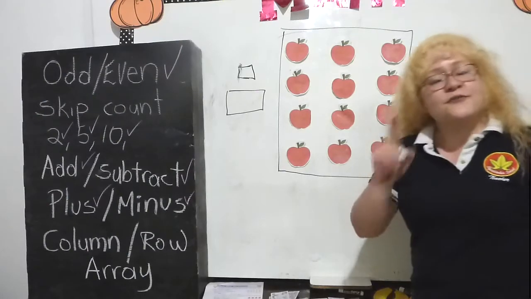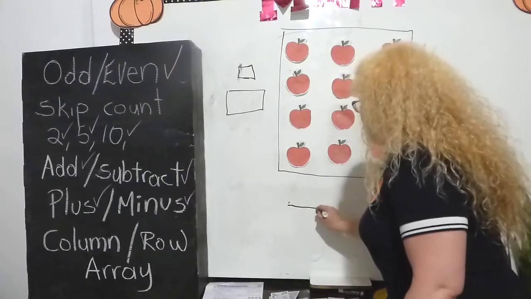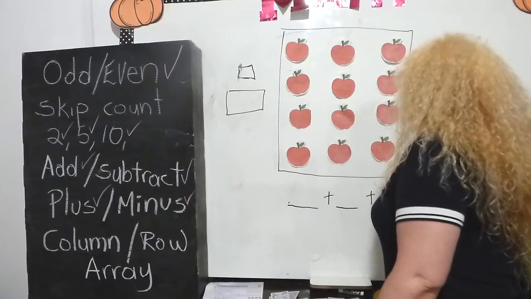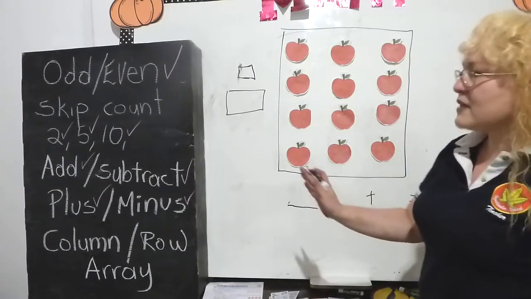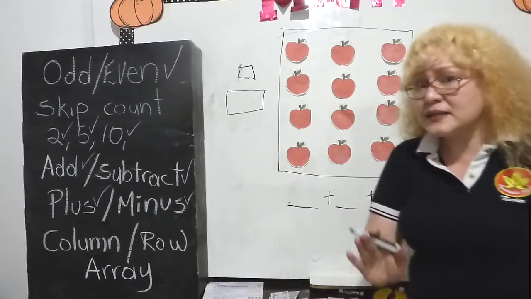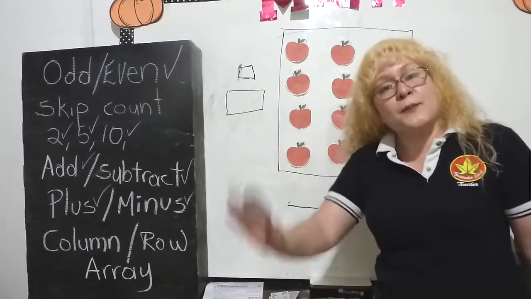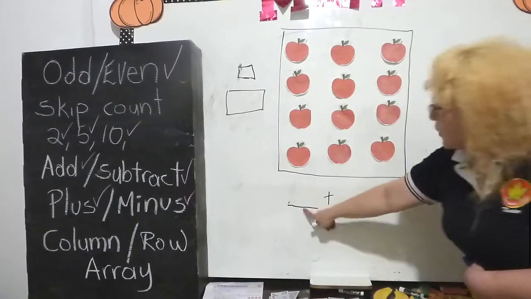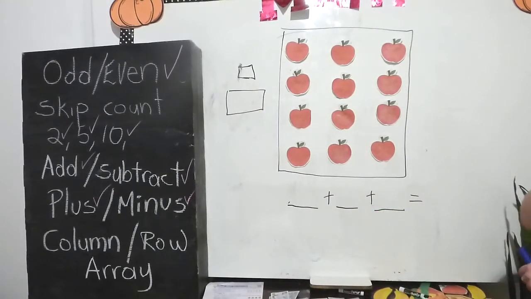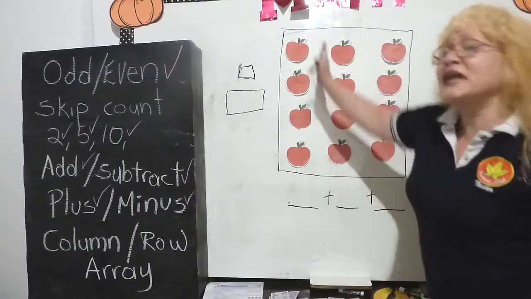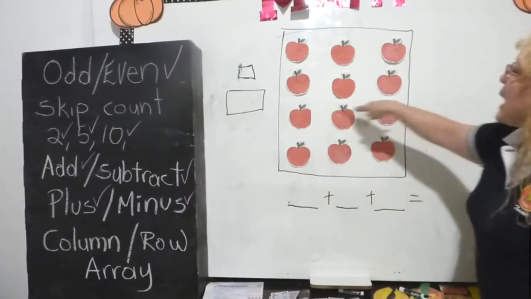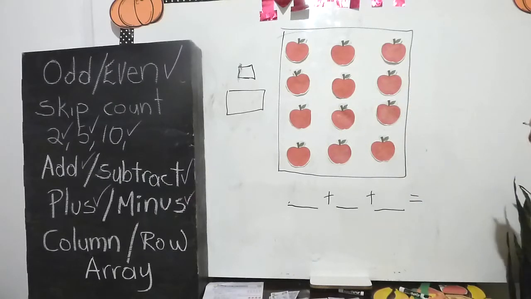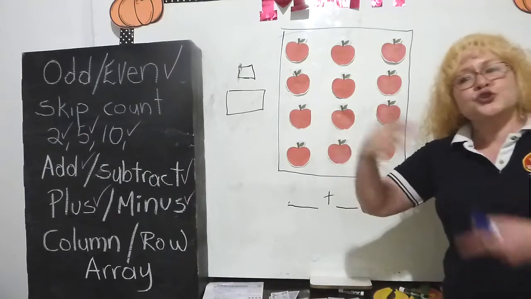Okay, so if I ask you, write the equation that matches the array. Okay, I see that I have 1, 2, 3. So, do I use my 3 columns or my 4 rows? I have to see my array, right? And then I have to choose the correct answer.